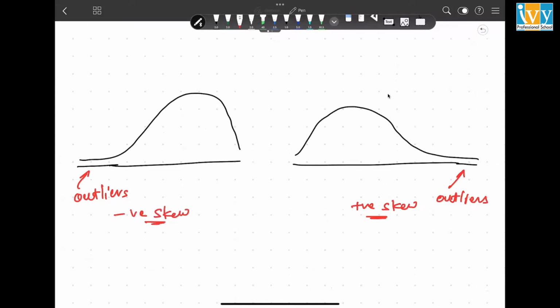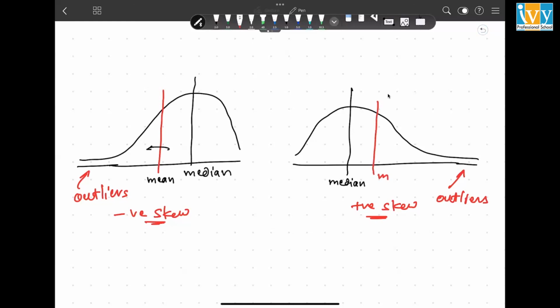If your outliers are on this side, your mean value will shift towards the outliers, and the median value will remain here. This is the median, and this is the mean value. So mean value shifted towards the outliers. So mean will be greater than the median if your outliers are on the right hand side, and mean will be less than median if your outliers are on the left hand side.